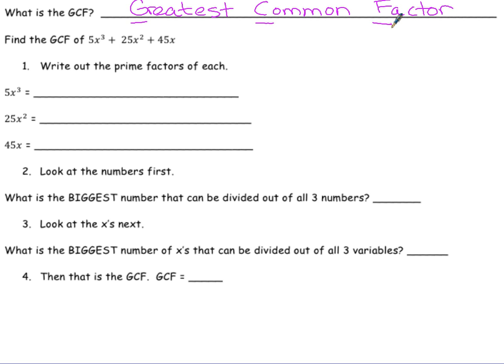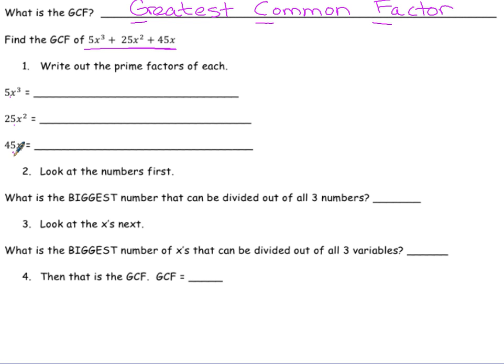See? F. So if we want to find the greatest common factor for this trinomial right here, let's think about the different factors we have in each of these terms.